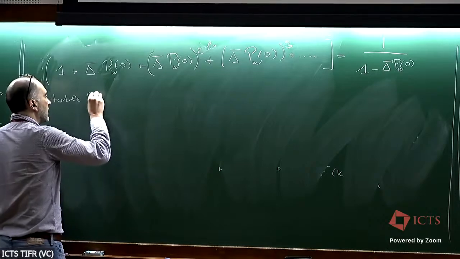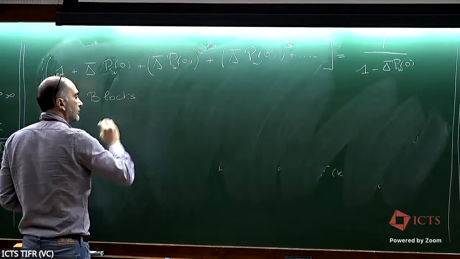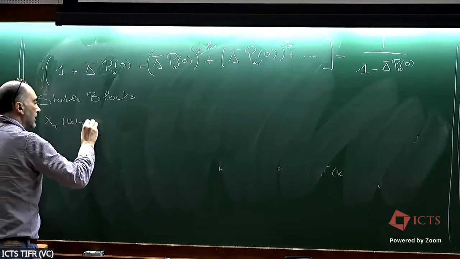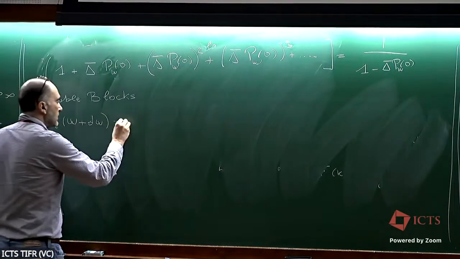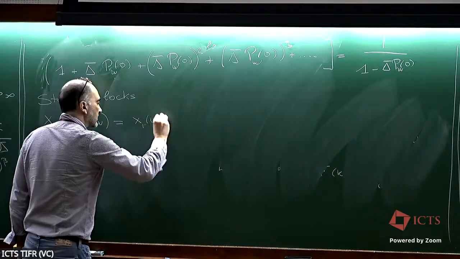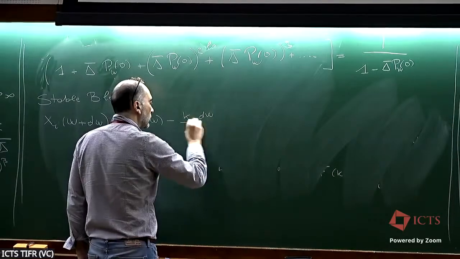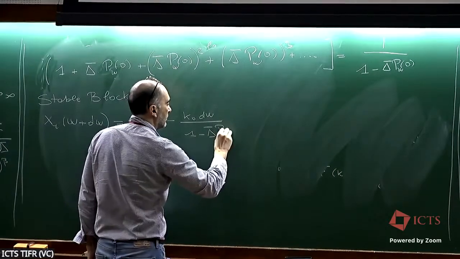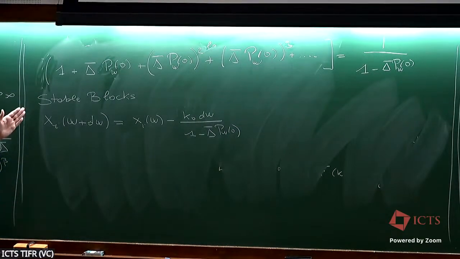The stable blocks, what they did, now after infinite time, so this is still the new blocked configuration, the new metastable state is related to the old metastable state up to a shift, which is K0 dW, and then we have to put this 1 minus delta bar P(W0). Okay. This is the sum of all the generations of avalanches. And these are the blocks which were not part of the avalanche.